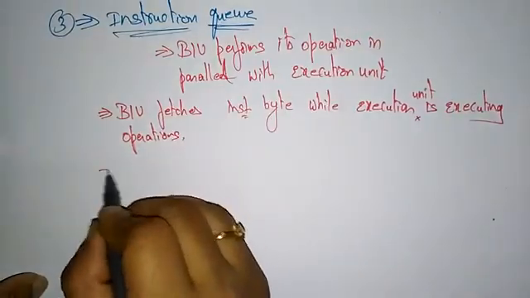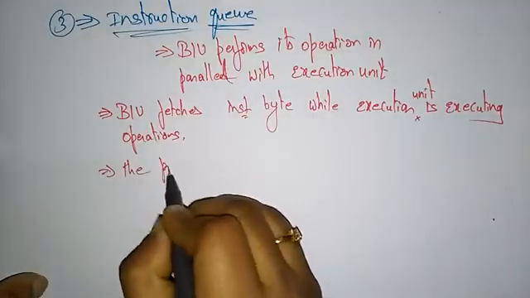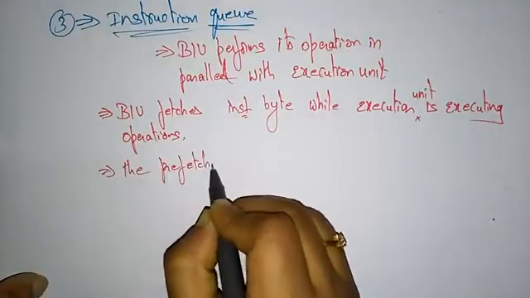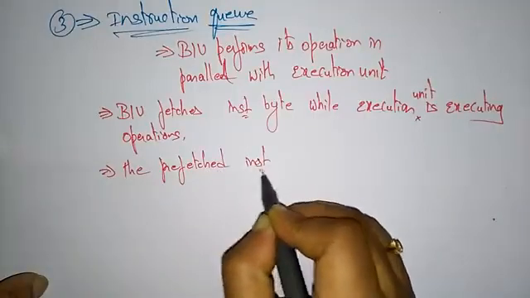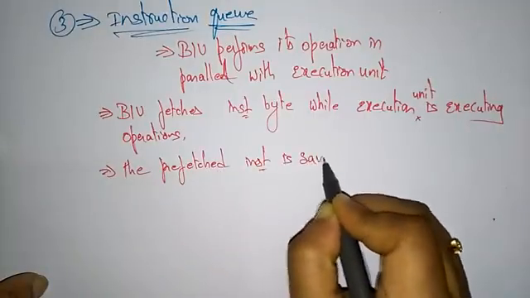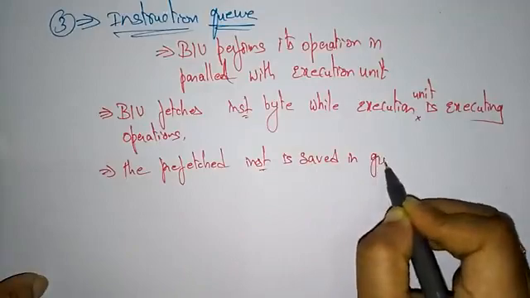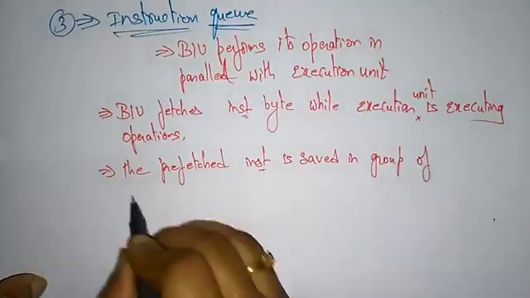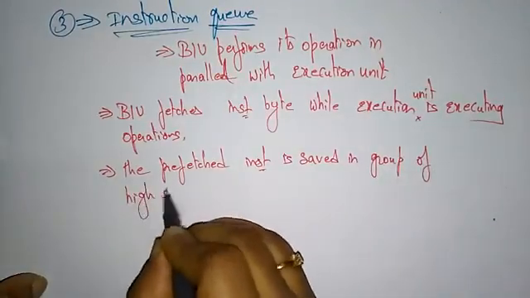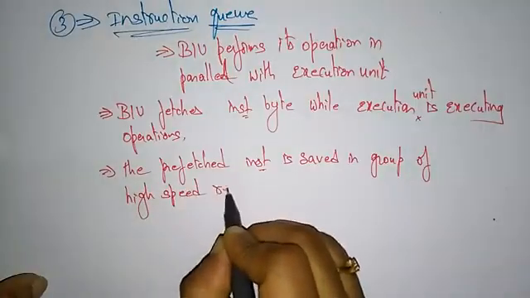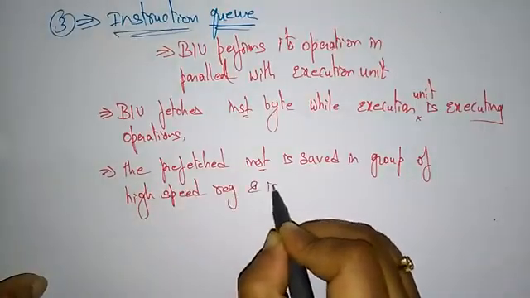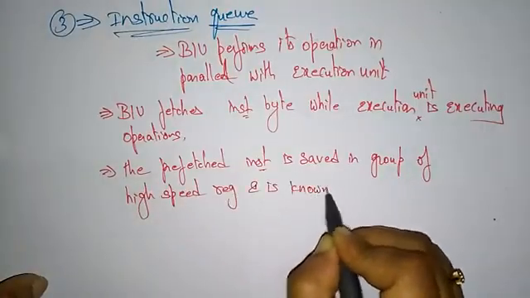Next, the prefetched instructions are saved in a group of high speed registers, which is known as the instruction queue.